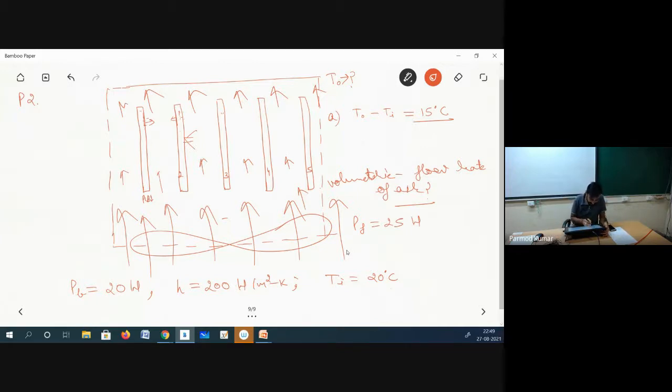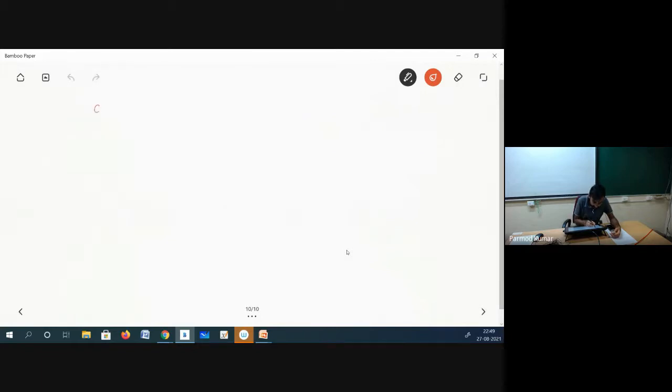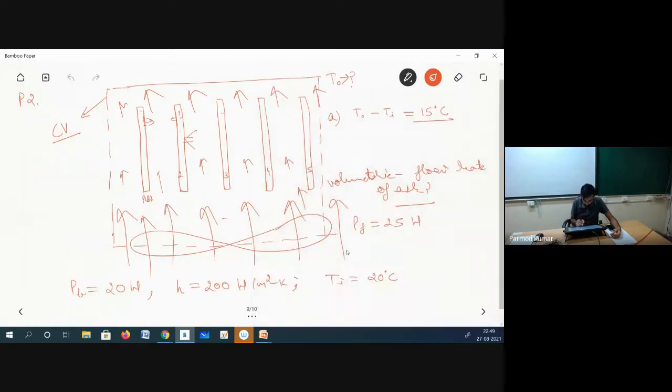So if I consider this entire space, the fan, all plates and air, everything as the control volume, then under steady state conditions I can say that Q dot net, the net heat input, minus W dot net, plus, since this control volume is an open system, some mass is entering from here.